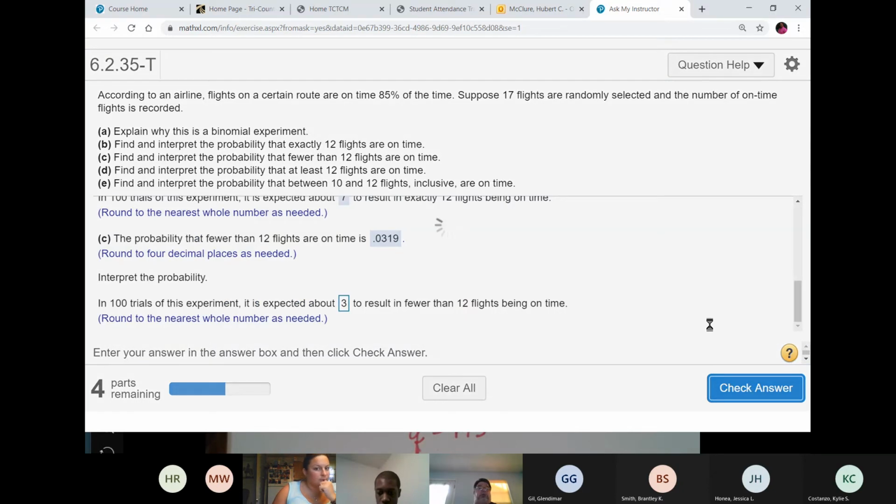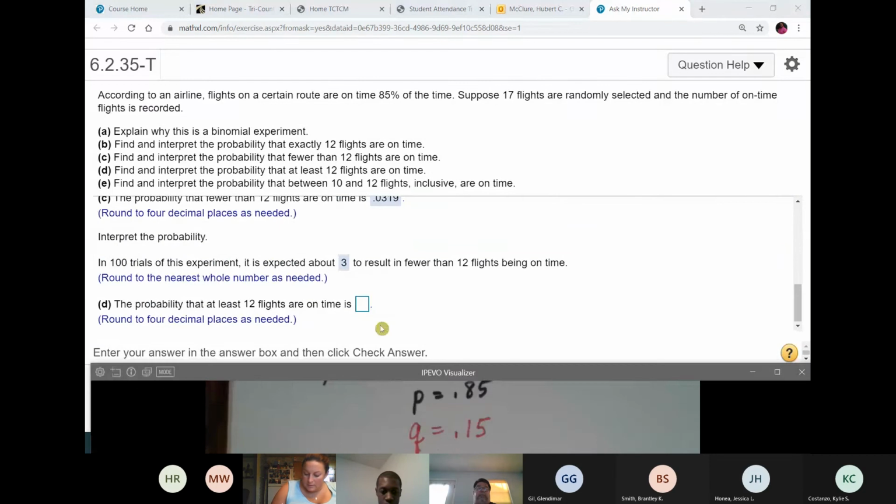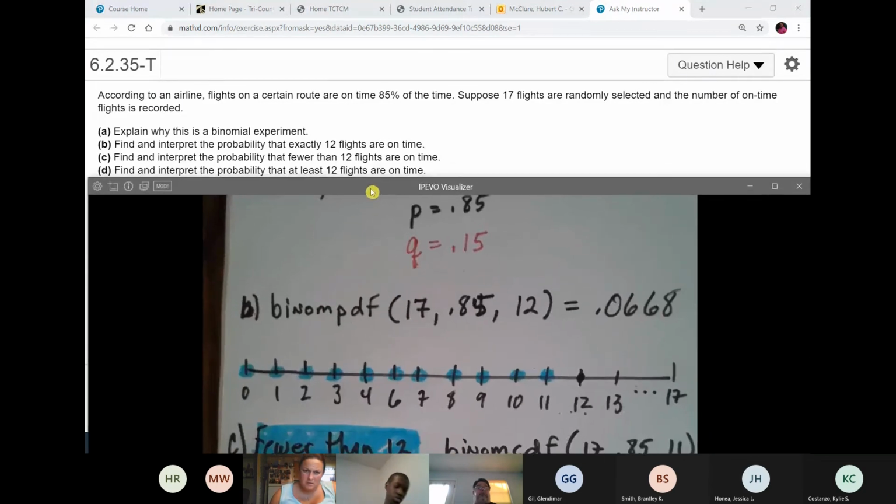Okay, now let's read D. What does D say? These are some long D questions. It says find and interpret at least 12. Now, I need everybody to think about what at least 12 means. I want you to highlight at least 12, and put out to the side, lowest number is 12.